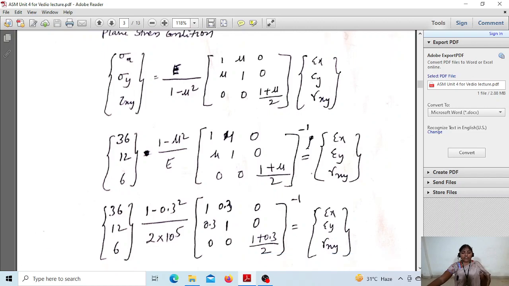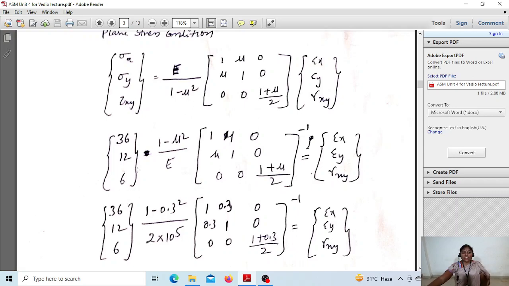Then your matrix is equal to 36, 12, 6, then 1 minus mu square. What I have done here is, I want epsilon x, epsilon y, gamma xy, so I have inverted the matrix here. Once I inverted it, I will get 1 by 1 minus mu square.